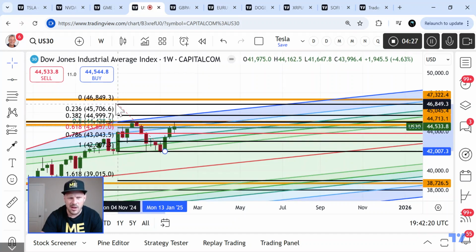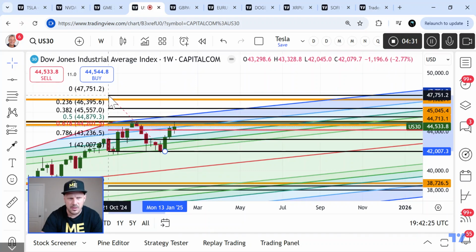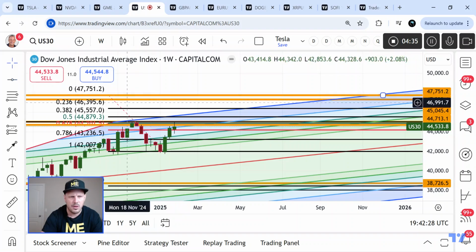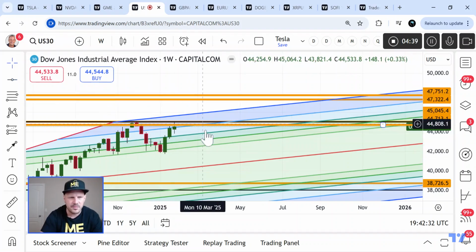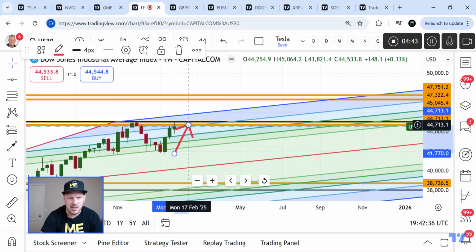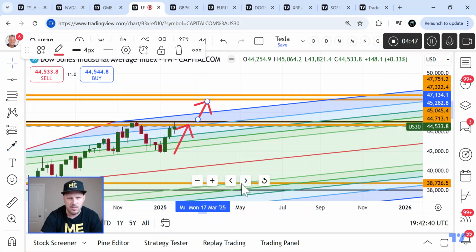So we still have one level to clear, and 47,751. Perfect. So that's what we're seeing with this market at the moment, possibly a drive up to here, and then from there a break, off to the races, right?